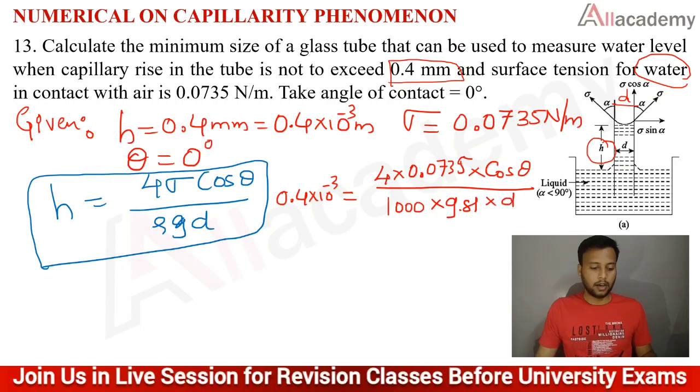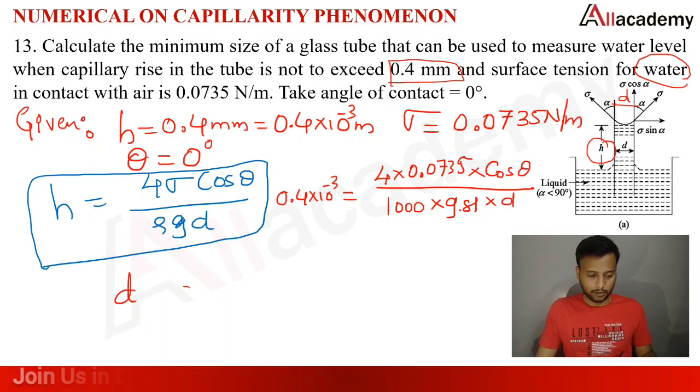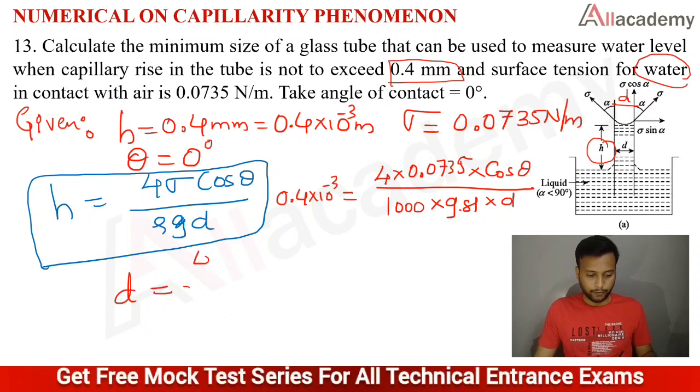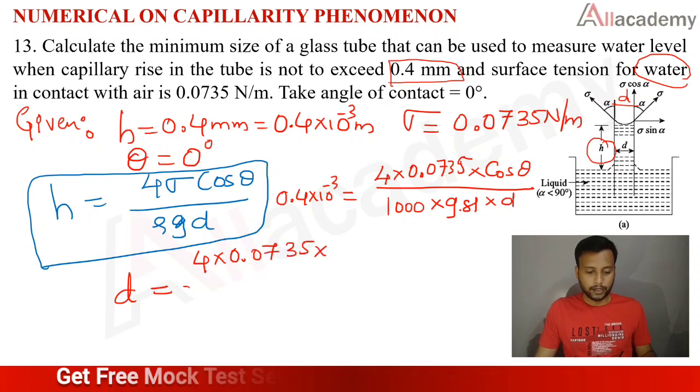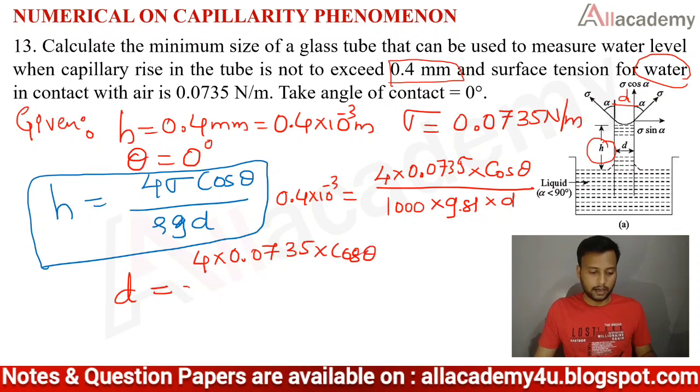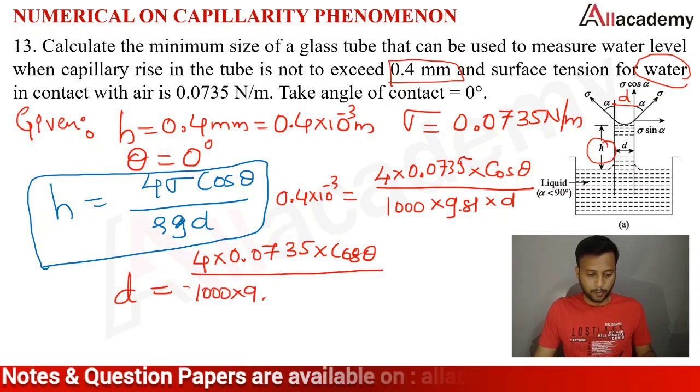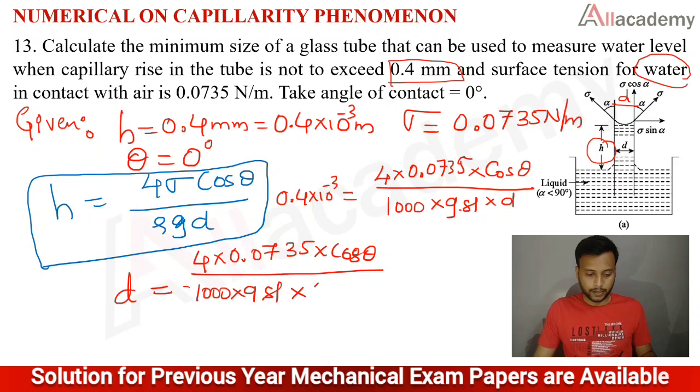Then d, the diameter, which we need to identify. For that, just interchange the formula: d equals 4 into 0.0735 into cos theta divided by 1000 into 9.81 into 0.4 into 10 raised to minus 3.